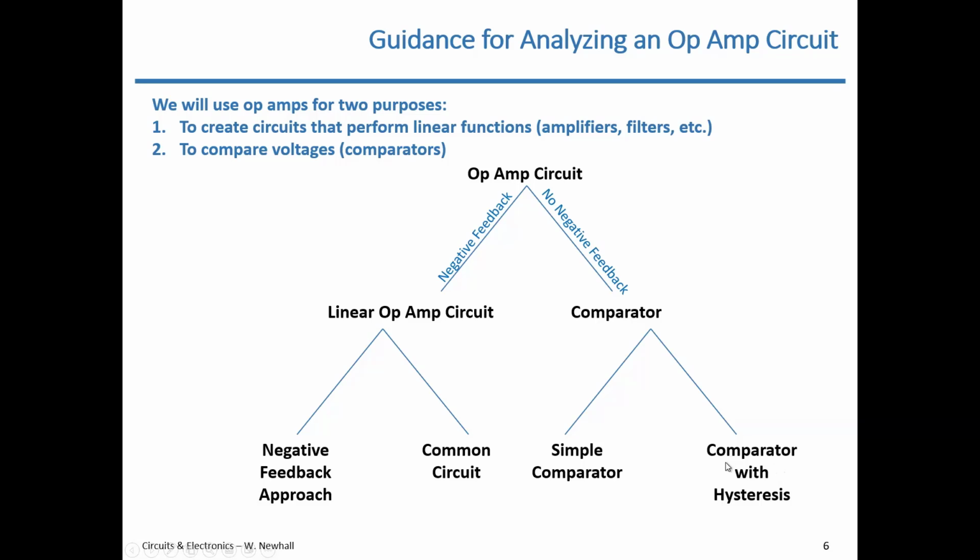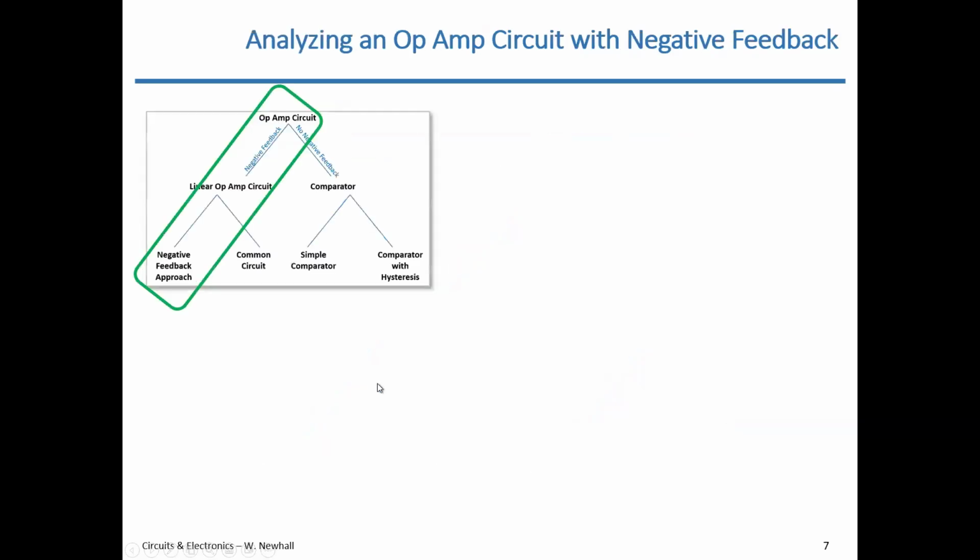All right, so let me bring you down the left-hand side of this tree. Let's suppose we have an op-amp circuit and we want to identify negative feedback. Well, how do you identify negative feedback? So here's the op-amp. I've shown 3 of the 5 terminals.